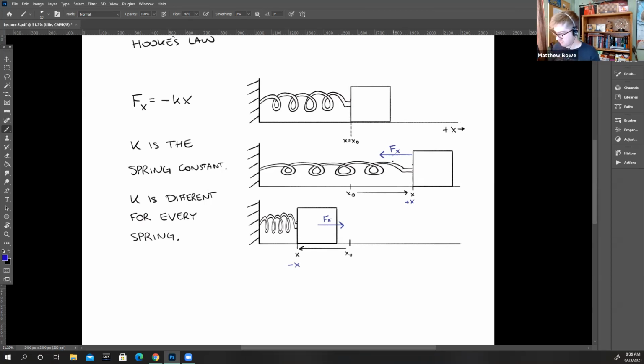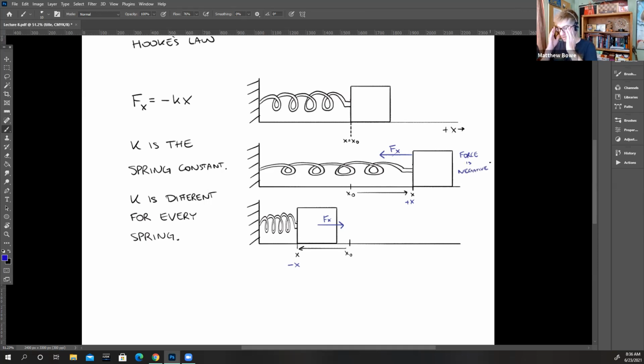So I've already labeled that moving to the right is positive, moving to the left is negative. So that would show that this force up here is negative. And so we can have a negative force.